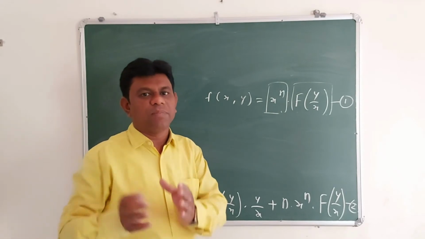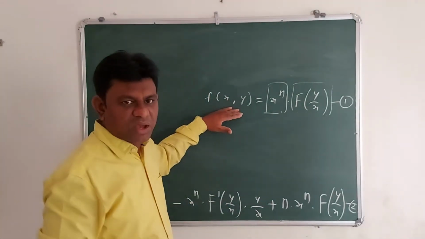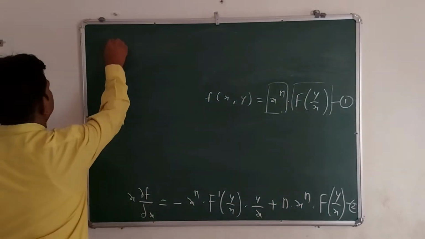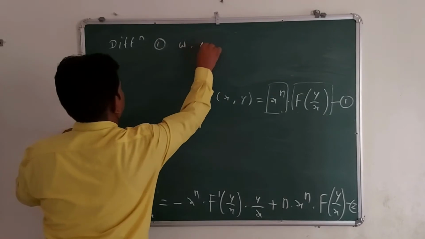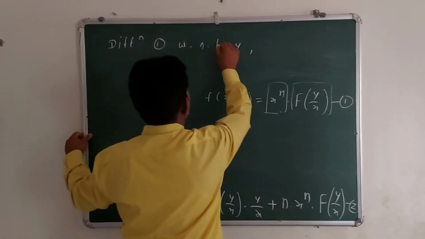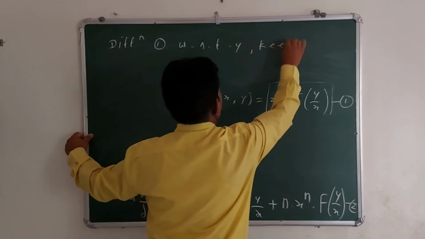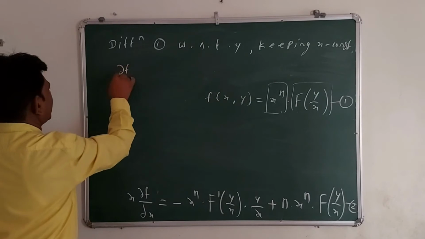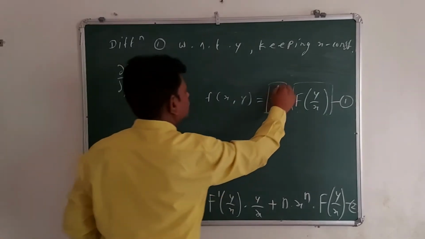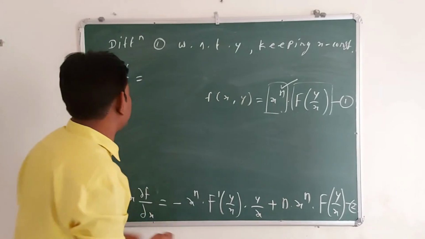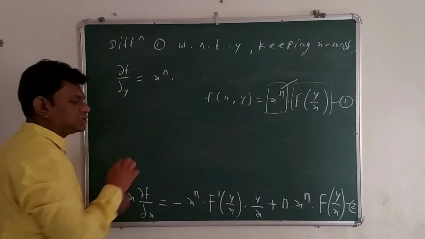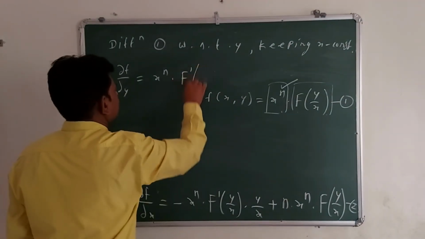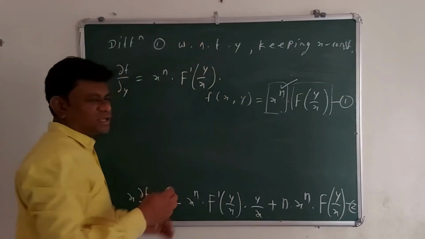Now we calculate del f by del y, the derivative of f with respect to y, keeping x constant. Differentiating with respect to y, keeping x constant, the derivative of f with respect to y is del f by del y, and this is equal to, since x is constant, x to the power n is constant, so this is as it is. Now the derivative of f of y by x is f prime of y by x times the derivative of y by x.